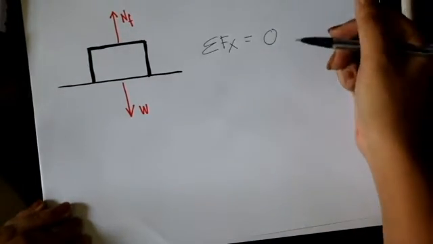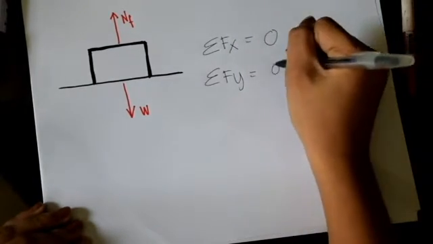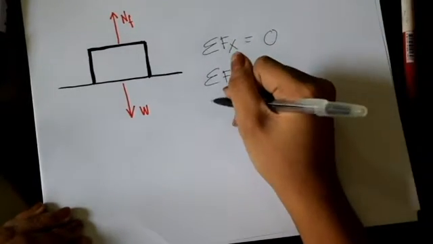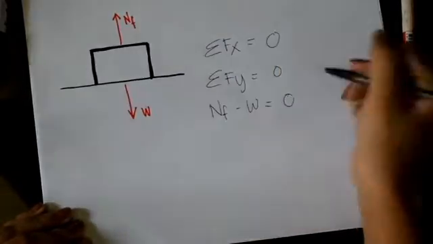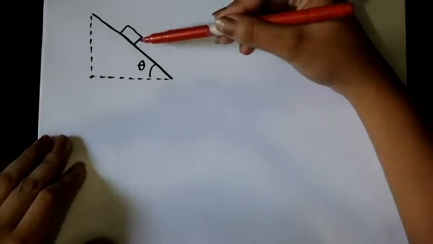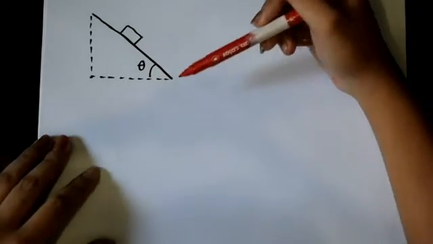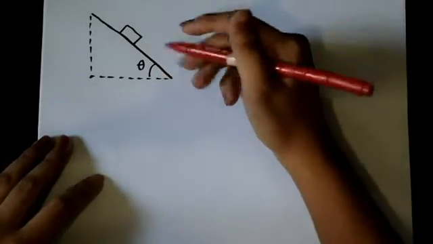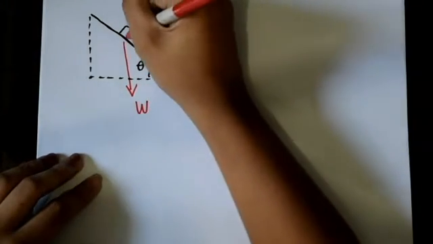On the other hand, the summation of Fy equal to 0 is represented as normal force minus the weight is equal to 0. Another example, an object placed on an inclined plane raised at an angle theta above the horizontal, and the forces acting on it are the weight and the normal force.